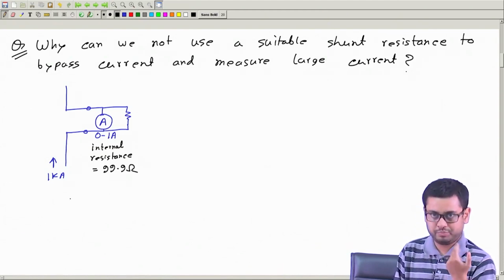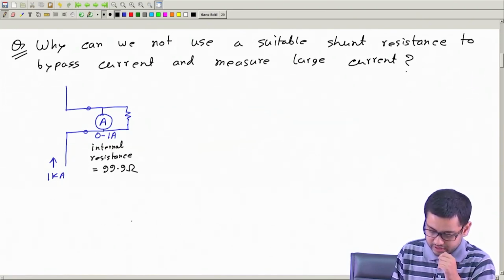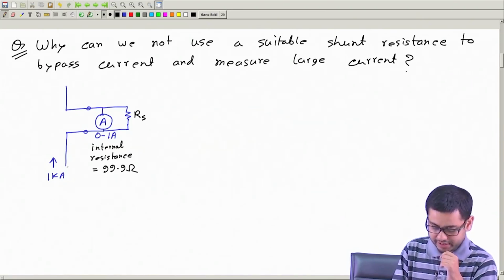This is just an example. Say this is the internal resistance. Now, let us ask what should be the value of Rs, so that we can measure 1 kiloampere with this arrangement.